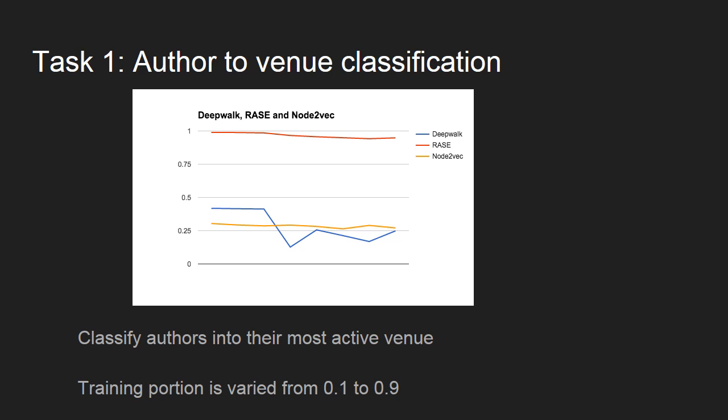So here we could see how the accuracy varies as the training portion decreases. From the result, we could see Rase has an obviously higher accuracy than DeepWalk and node2vec, while node2vec and DeepWalk on average have similar performance in this aspect. This is because we add the social embedding information into it during the classification.